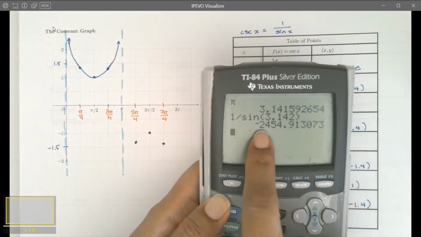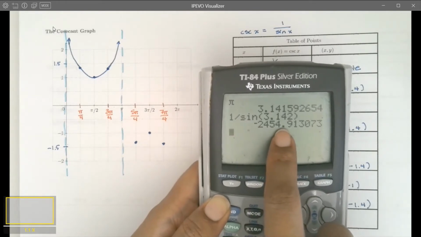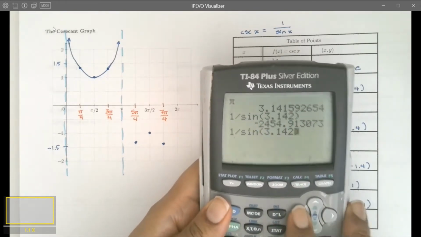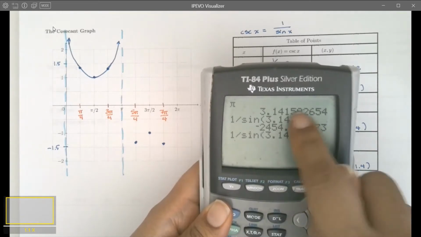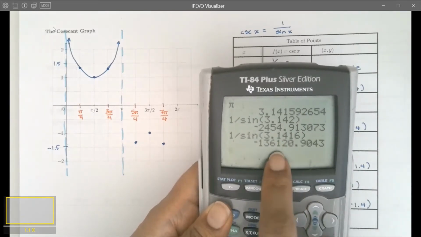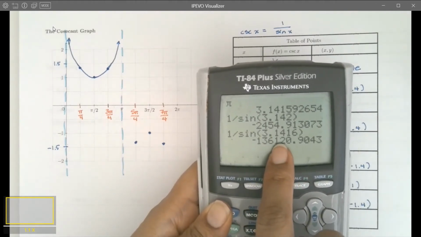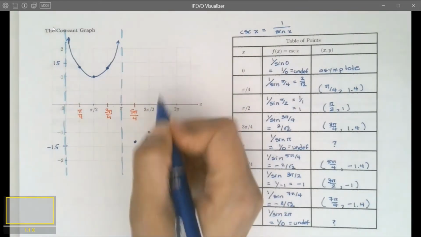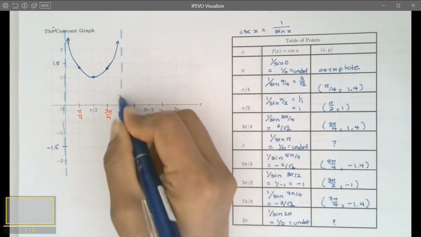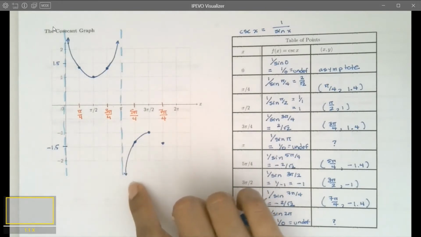Notice that's giving me a very negative number, negative 2,454. If I try to get even closer, maybe 3.1416, which is still larger than pi, but closer, then it starts to get more negative. In this case I have negative 136,120.